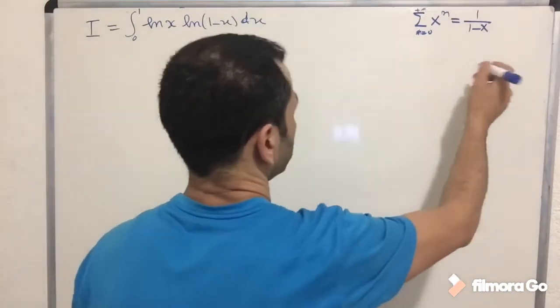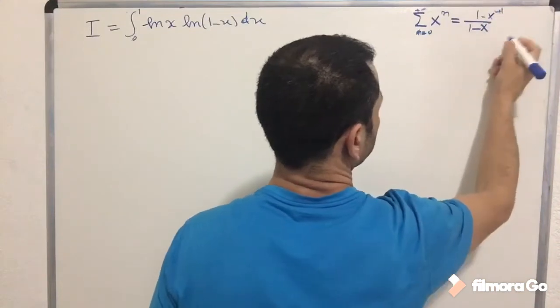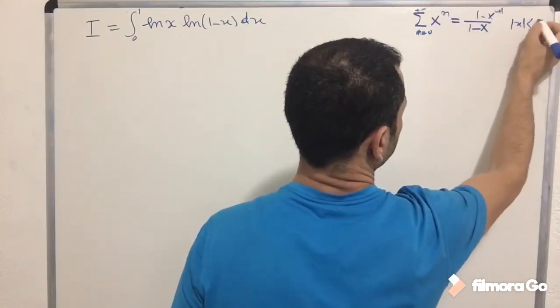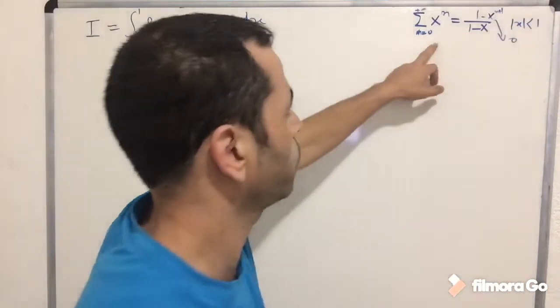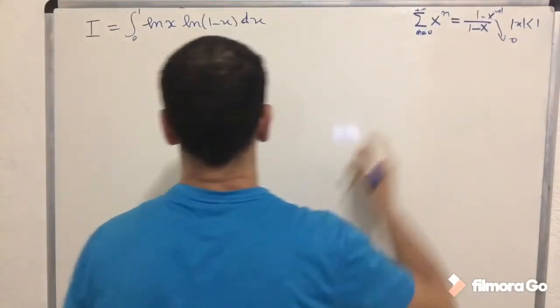This is a condition: x is always less than 1, so this goes to 0 when n approaches infinity.